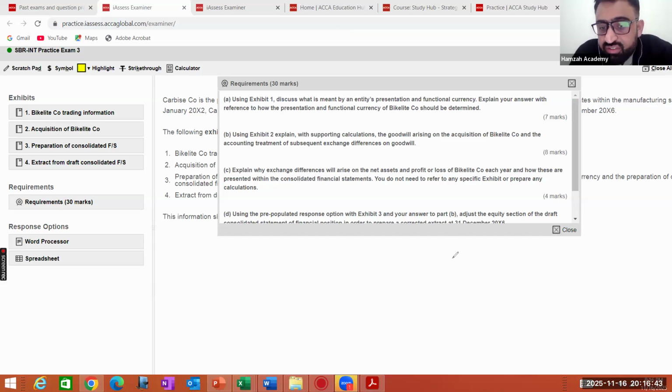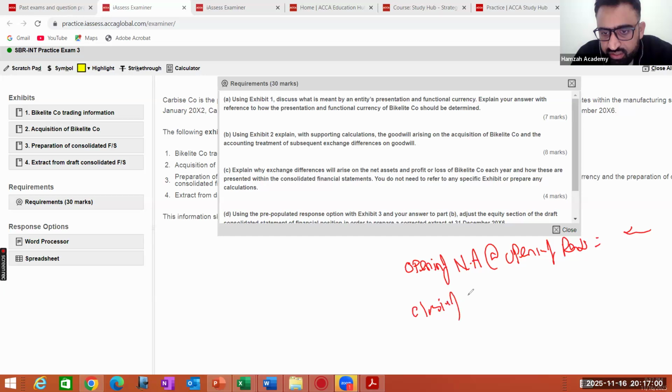Now, how do we account for those exchange differences? For that purpose, we use the following format. We take the subsidiary's opening net asset at the opening exchange rate, and we take the closing net asset of the subsidiary at the closing rate, and the difference of the opening and closing net asset is the difference.